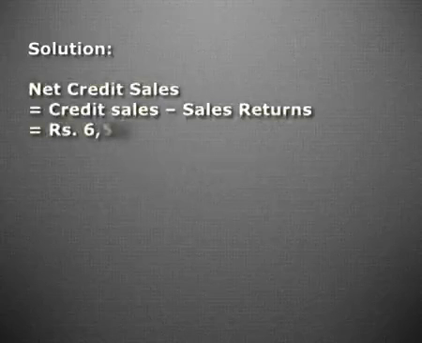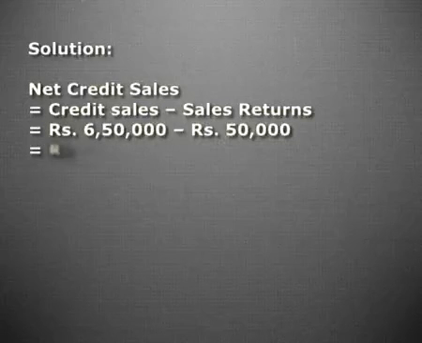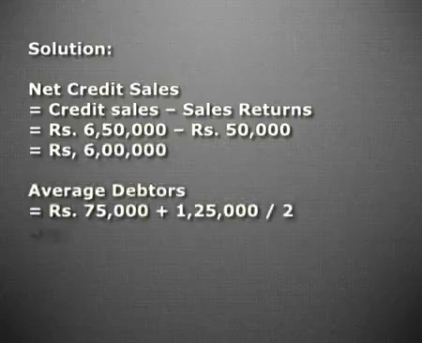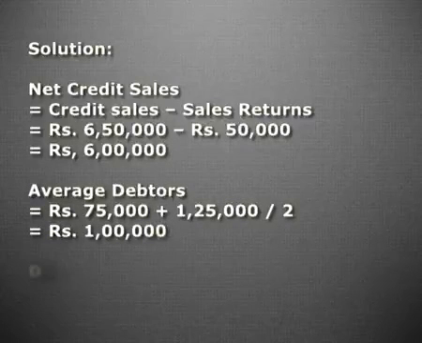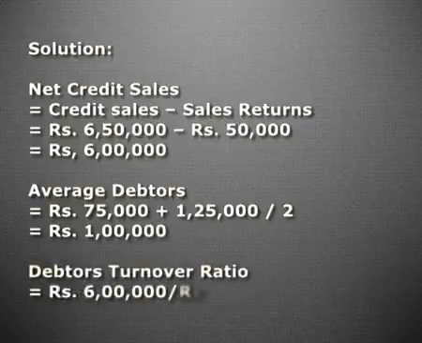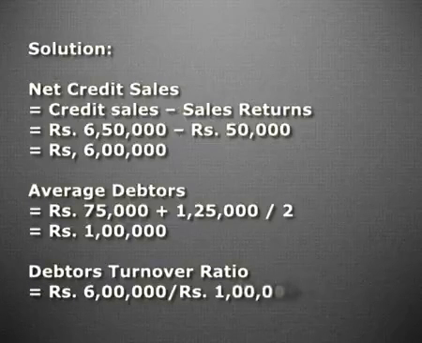Net credit sales is equal to credit sales minus sales returns, which is rupees 6,50,000 minus rupees 50,000, equal to rupees 6 lakhs. Average debtors is equal to rupees 75,000 plus 1,25,000 divided by 2, which is rupees 1 lakh. Debtors turnover ratio is equal to rupees 6 lakhs divided by rupees 1 lakh, equal to 6 times.